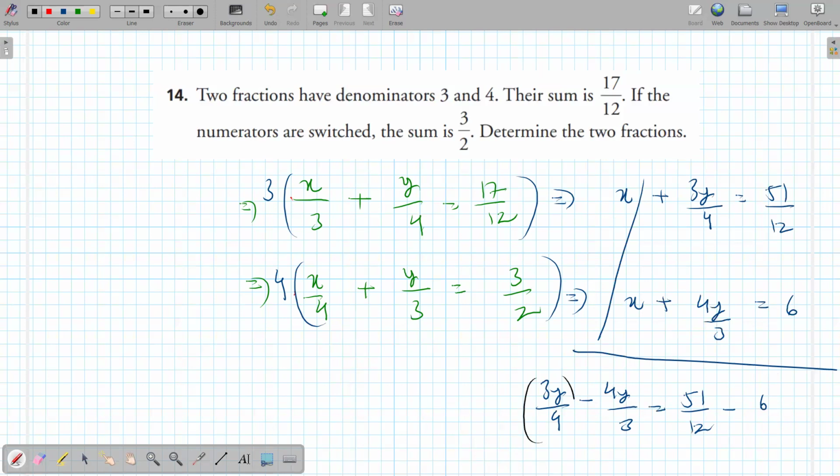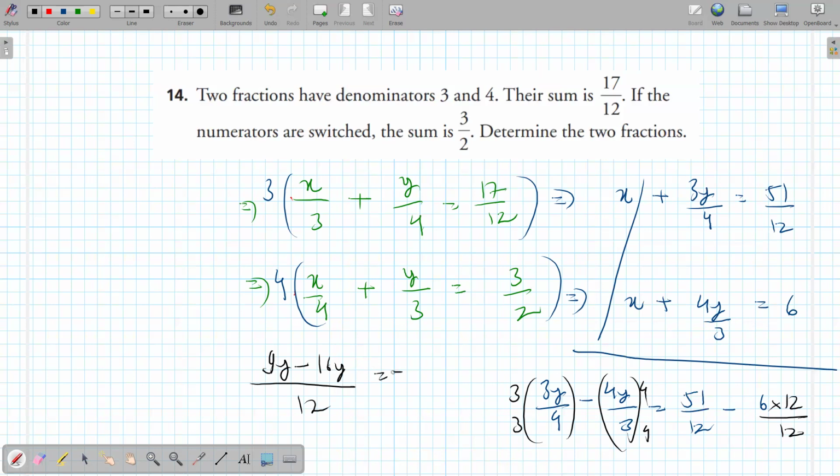So you multiply this by 3, you multiply this by 4 on the top and bottom. You multiply this by 12 on the top and bottom. So this will give you 9y minus 16y over 12. And on the other side, we have 51 minus 72.